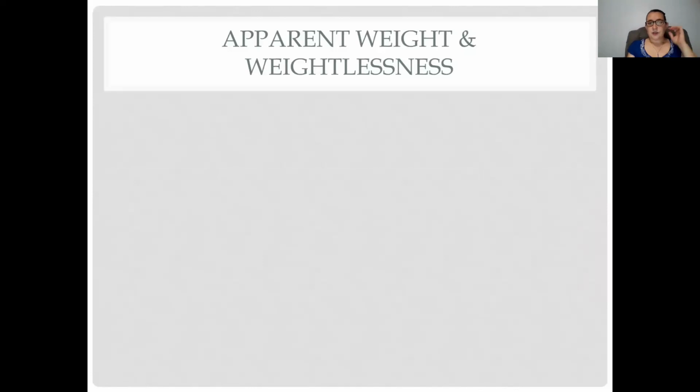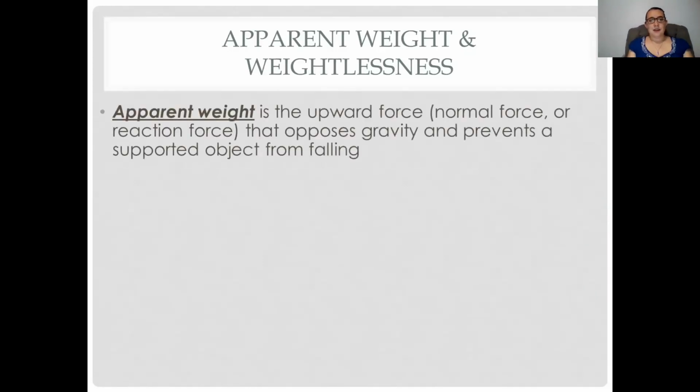All right. So apparent weight and weightlessness. So apparent weight is the upward force or the normal force, that kind of reaction force that opposes gravity. And that's what prevents an object from falling through a surface. So that could be provided by the floor, the table, the ground, something like that.